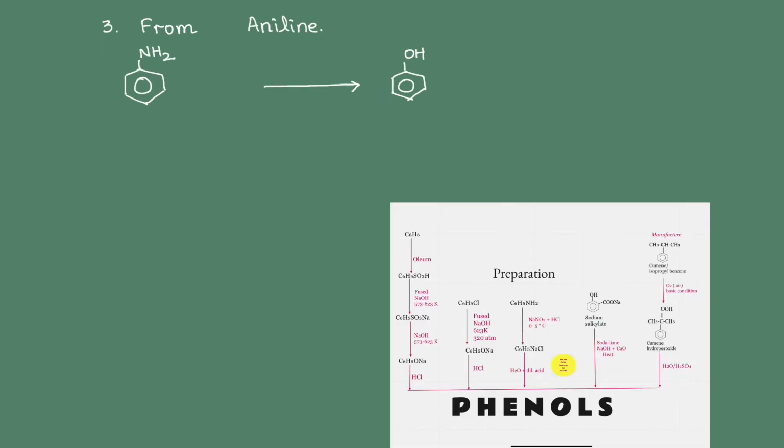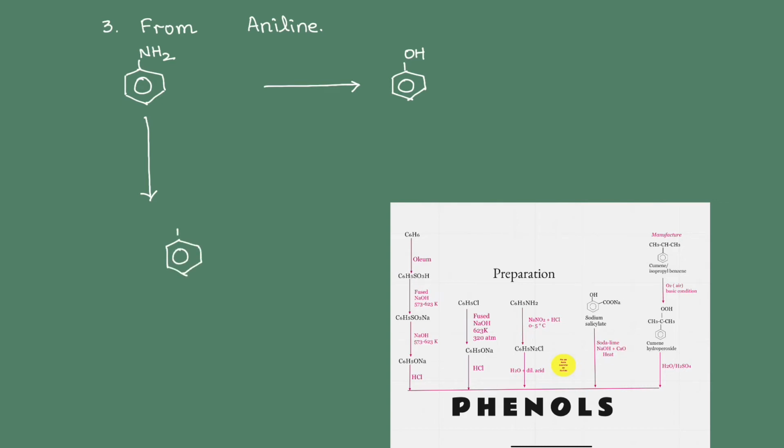The third method of preparation is from aniline. Now, you are going to help me write this reaction. So you have to recall what we did under diazonium salts. Yes. So think about it. If you can recall, how do you convert aniline into benzene diazonium chloride?